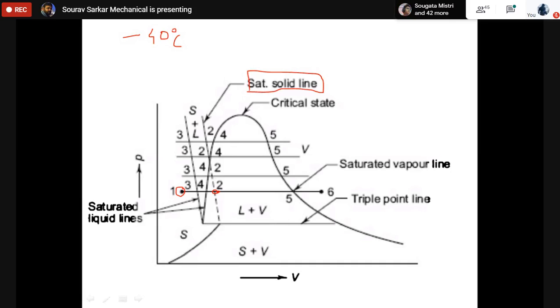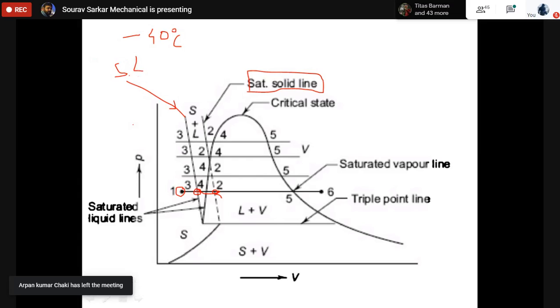As you are rightly pointing out, during melting the volume will contract. So it is 0 degree Celsius ice, the volume will contract and it will reach 0 degree Celsius water. That is why this line is the saturated liquid line, but in terms of the solidification procedure.